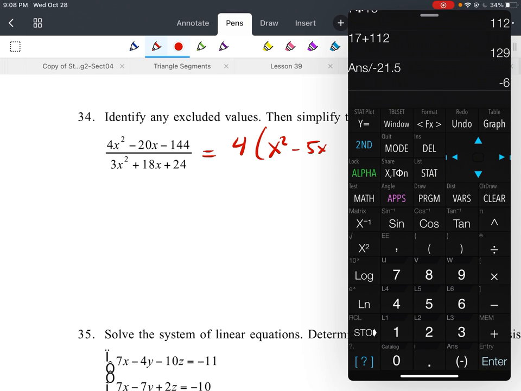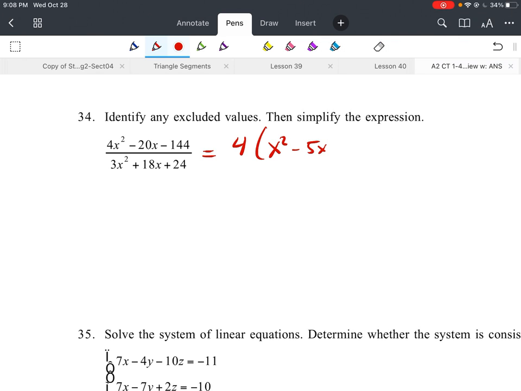And then 144 is 36. Okay, minus 36 all over, and then we'll take a 3 out, and we got x squared plus 6x, and then plus 8. All right, so that's fun, right?